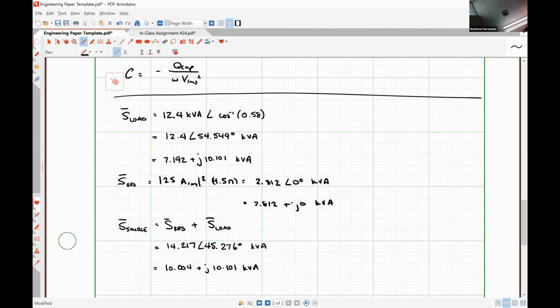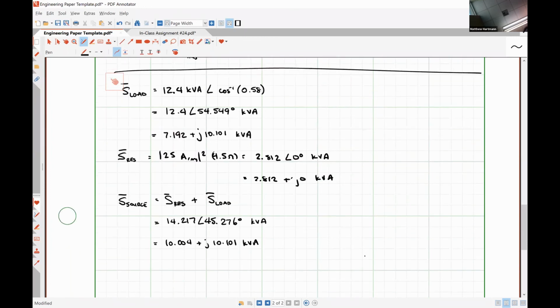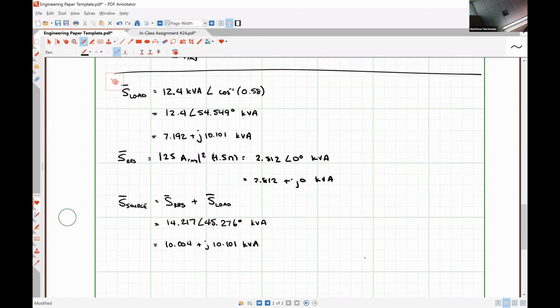Alrighty, so now that I know the complex power supplied by my source, this is effectively S old, because that's the complex power supplied before power factor correction.